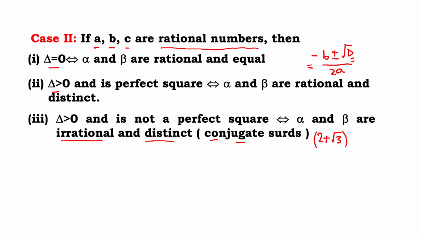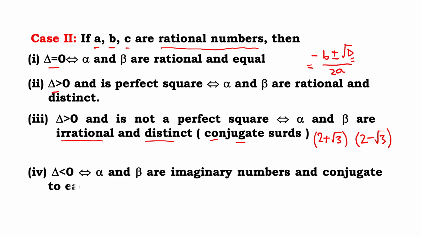Very good, I guess everyone is getting this. If one root is 2 plus root 3, the other must be 2 minus root 3. This is the case for irrational roots, right?